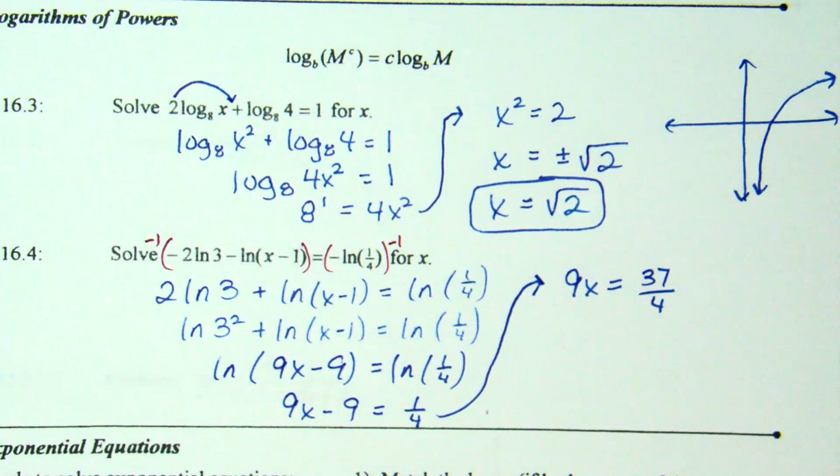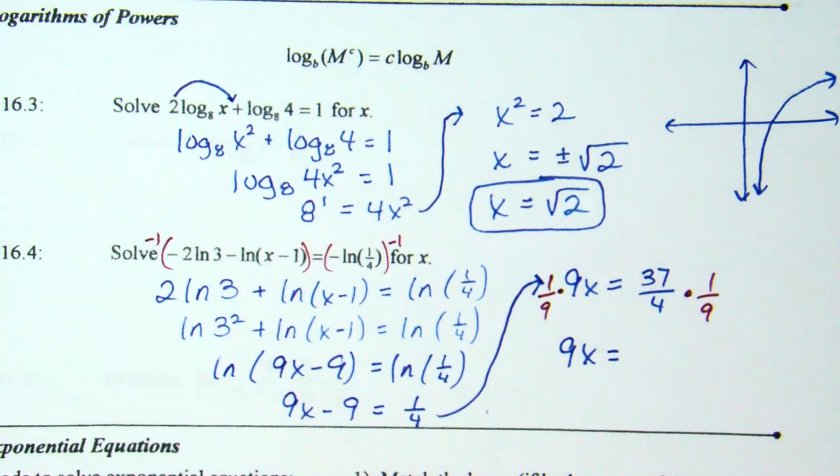Divide by 9 or multiply by 1/9. And I'm going to take the multiply by 1/9 route as I write out just because there's a fraction on the other side. So 9x equals... I even said it wrong there, didn't I?